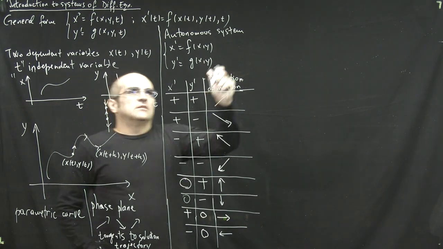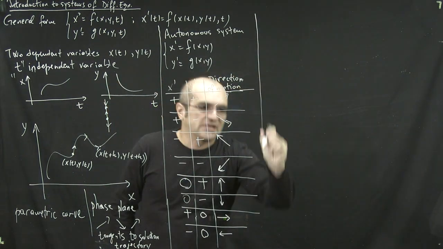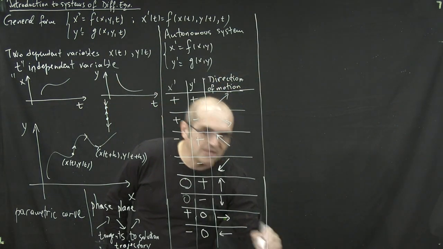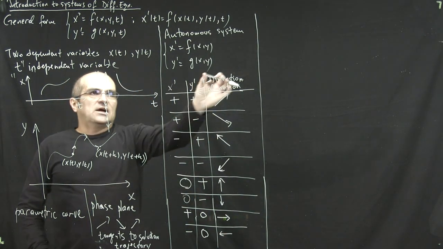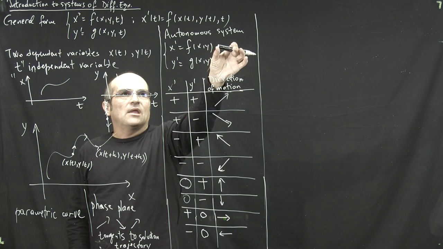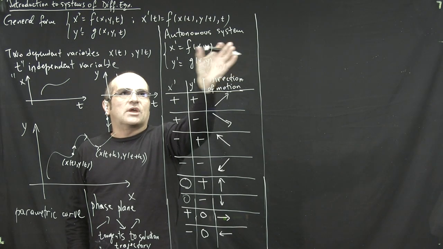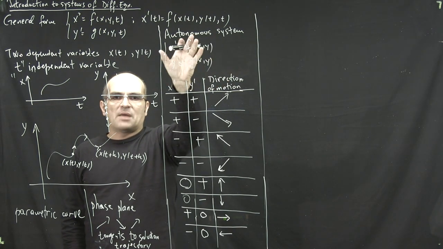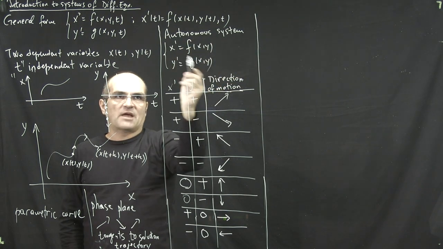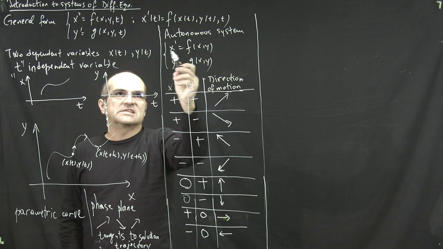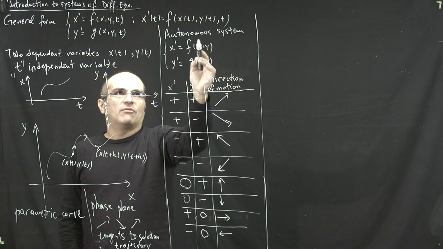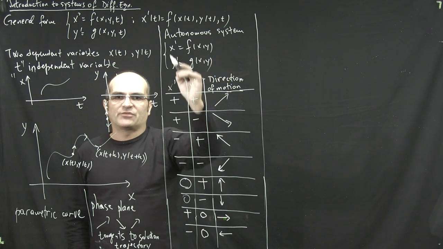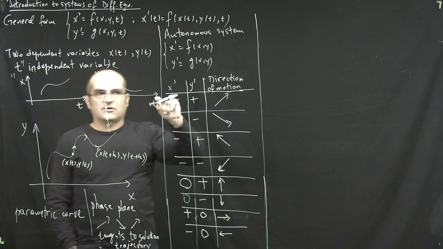So the way to do this, and we're going to illustrate with an example before we move on to some other stuff, is to recognize that if I want to look at the location of the sign of x prime, that's going to be on one side or the other of the region where x prime is 0.